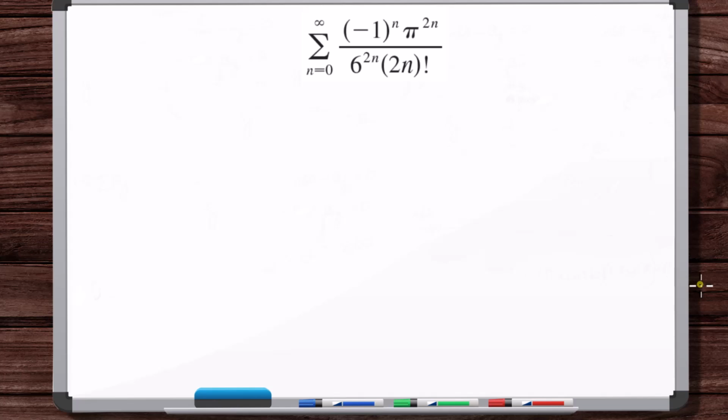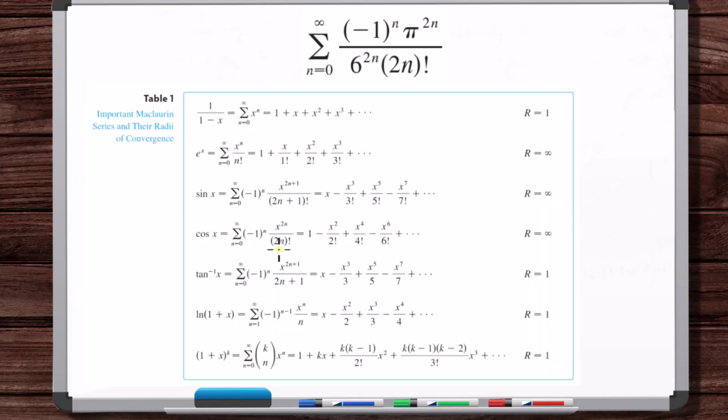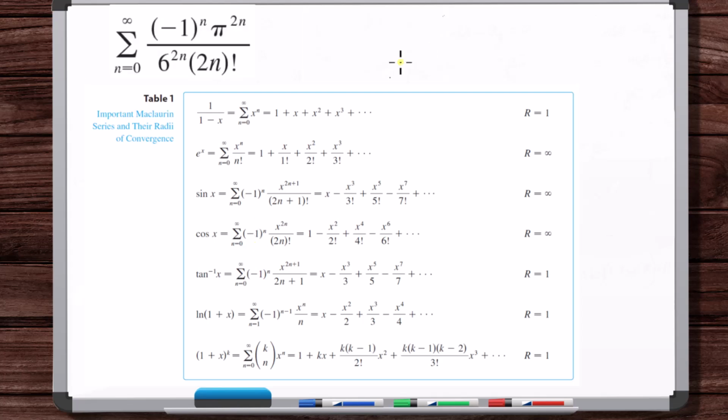Okay, what do we have here? We see we have this 2n factorial in the denominator, minus 1 to the n. So yeah, we can see what this is. This is just cosine of x with x equal to pi over 6.